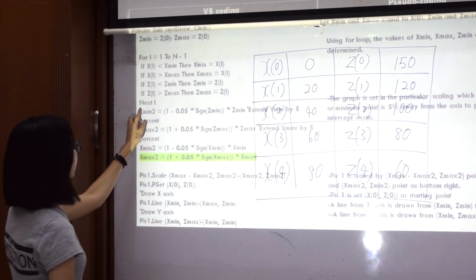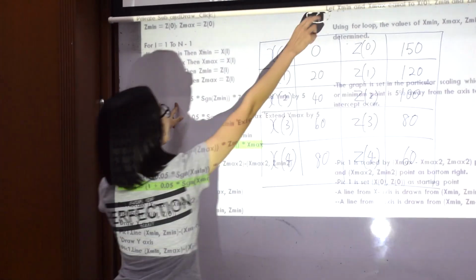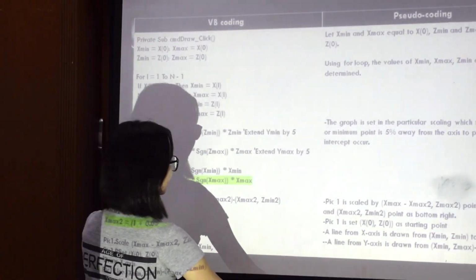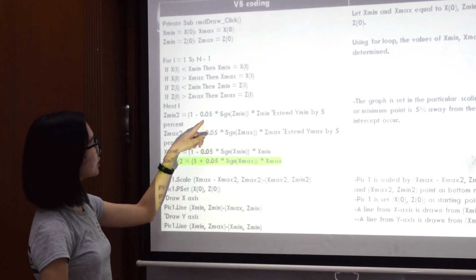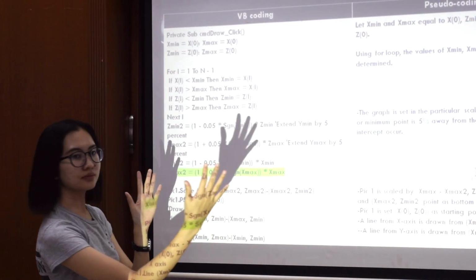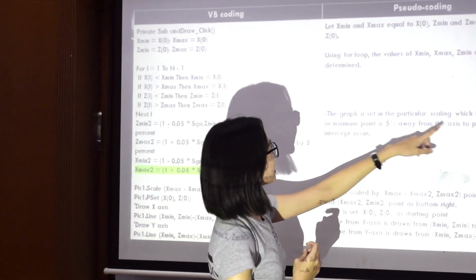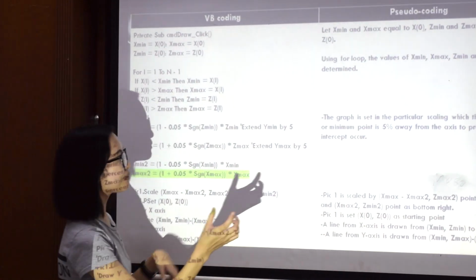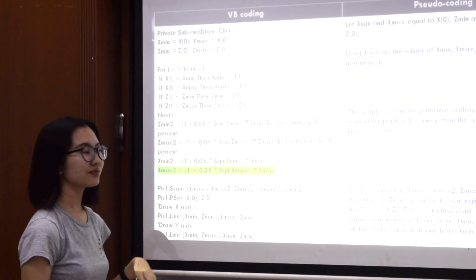And then this is for the extent. This is for us to extend the graph, scaling the maximum or minimum point to be 5% away from the axis of the picture box.